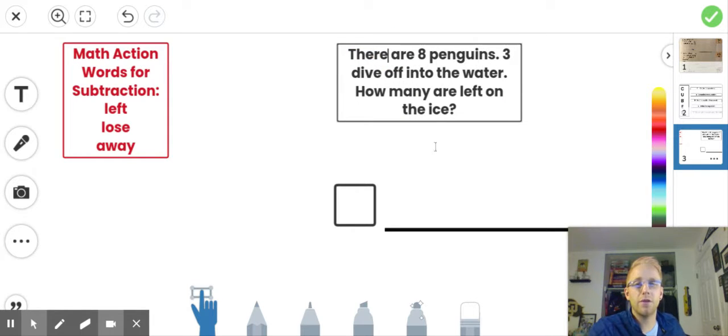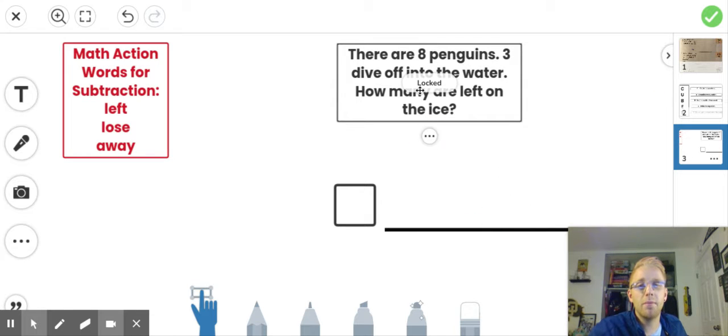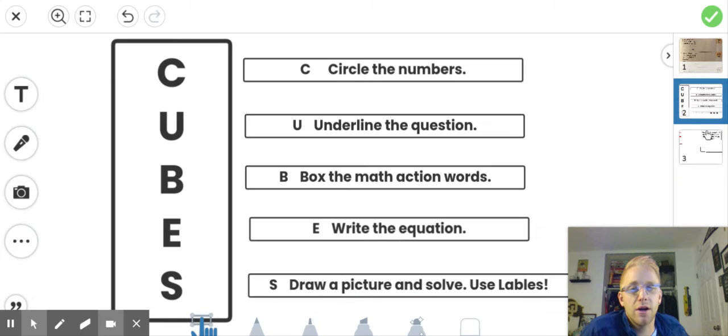All right, so there are eight penguins. 3 dive into the water. How many are left? Well, let's start with our C, which is circle the numbers.